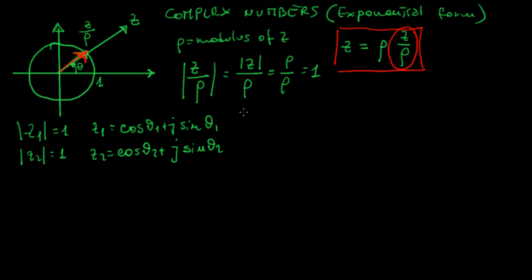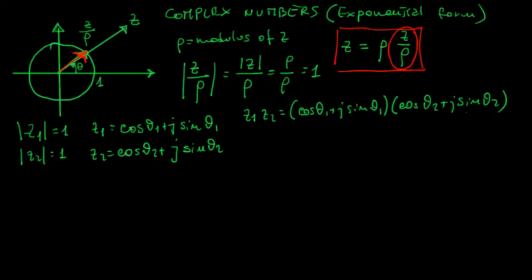If I make the multiplication z1 times z2, and we just use the usual rules for multiplication in algebra, z1 is given by the cosine of theta 1 plus j the sine of theta 1 times the cosine of theta 2 plus j times the sine of theta 2.